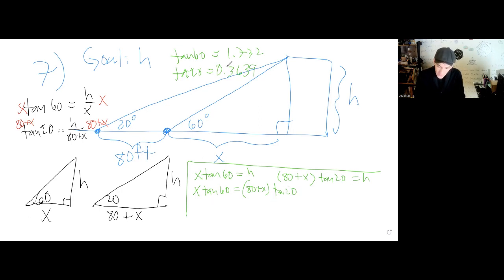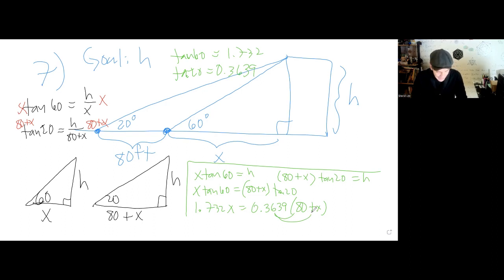So these equations would become 1.732x equals 0.3639 times 80 plus x. And then from here, you want to distribute that decimal.